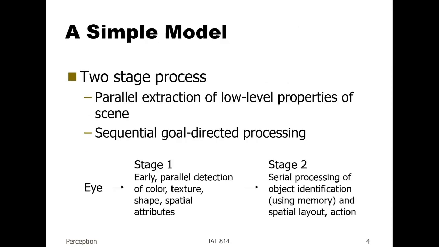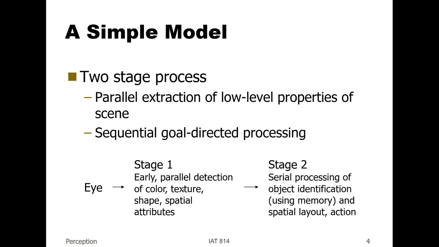Okay, so the simple model that we want to talk about in this lecture segment is a very simple model. It's a 2-stage process of visual perception. The way it works is the eye is located here on the left, and it is feeding information to 2 stages of our perceptual neurons in the brain.